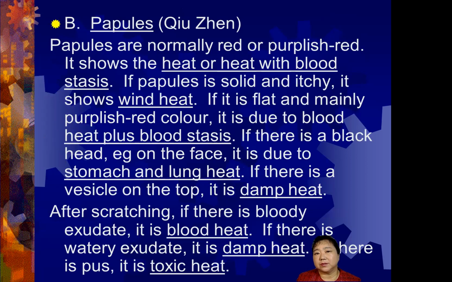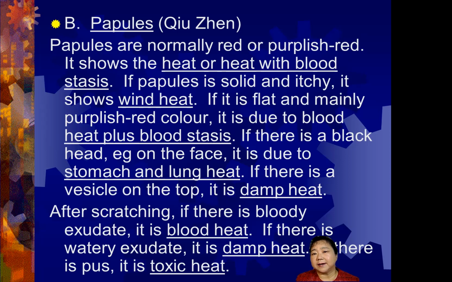Now, papules, which in Chinese we call zhen. Papules are normally red or purplish red. They show heat or heat with blood stasis. If papules are solid and itchy, it shows wind heat. If they are flat and mainly purplish red in color, it is due to blood heat plus blood stasis.